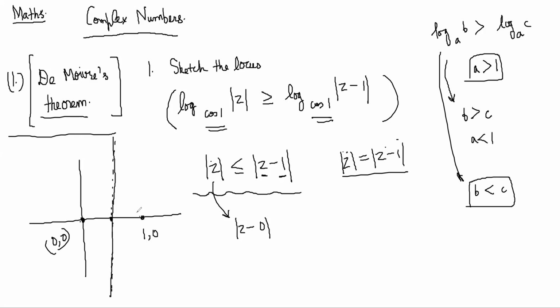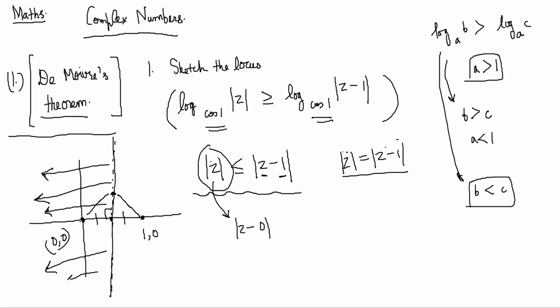You understand that, no? If there's a point here, this is the same distance as this because this is the perpendicular bisector. So if Z is less than or equal to this, that means the distance here is lesser. Everything to this side of the line will have lesser distance from 0 than from 1.